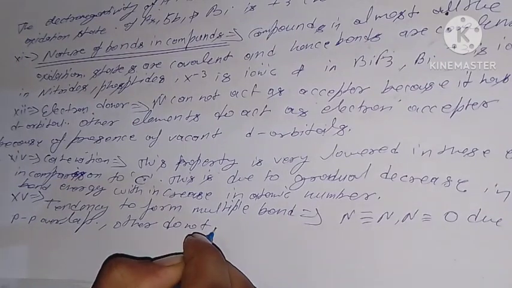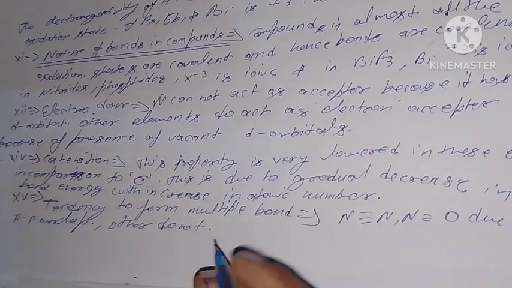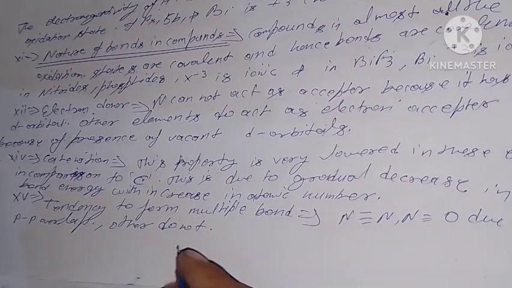Multiple bonding in nitrogen is due to its small size.